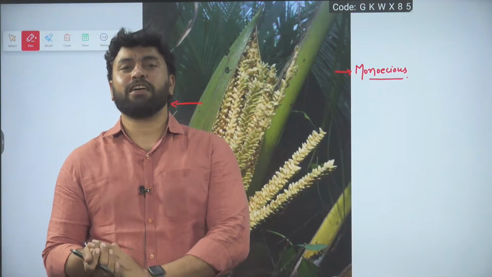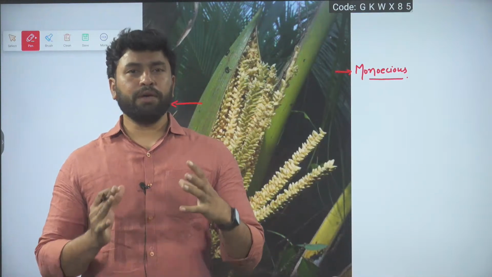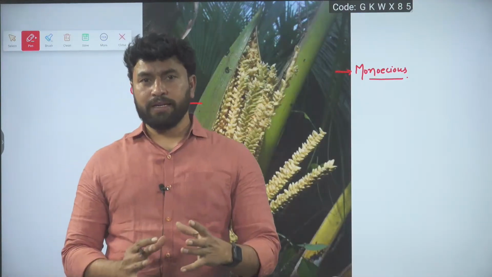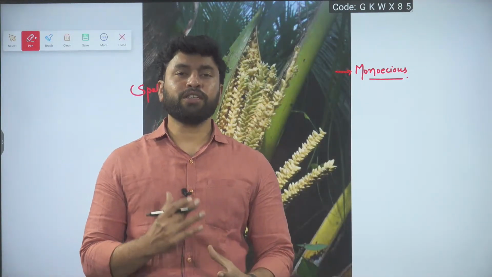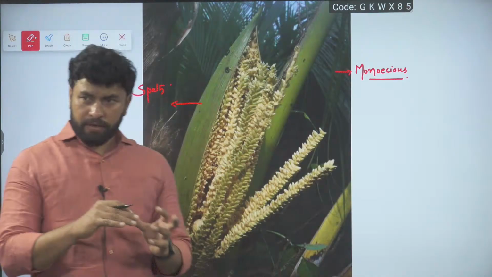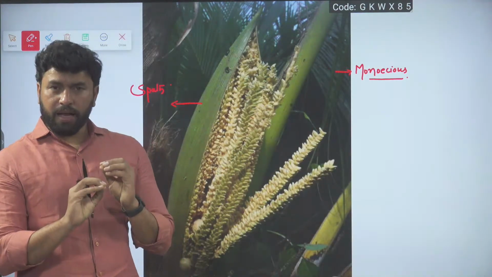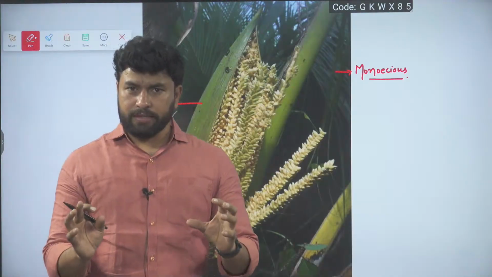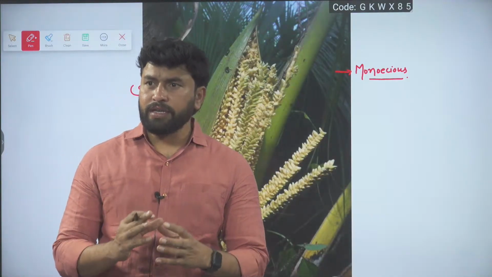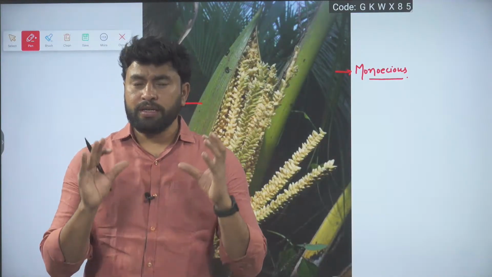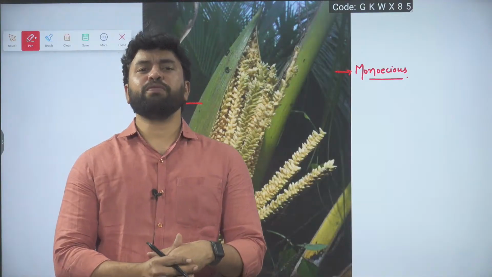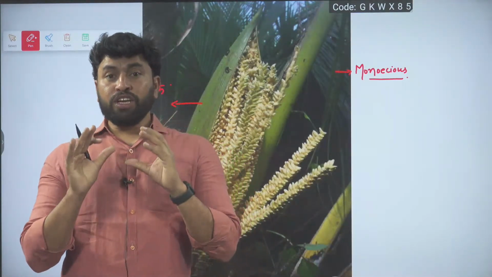Such kind of plants are called monoecious. Be careful. Monoecious plants have unisexual flowers. Male flower, female flower developed separately. They are unisexual flowers. But both types of unisexual flowers would be arranged on the same plant. This arrangement is called monoecious nature.